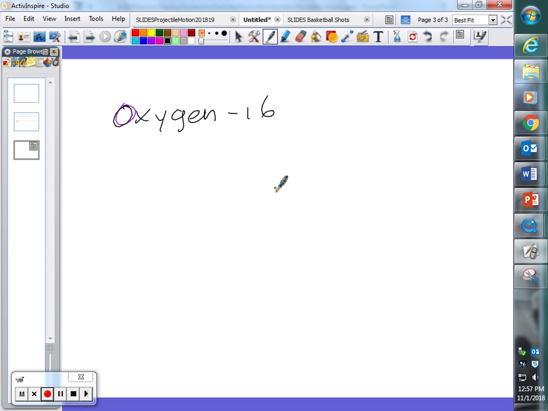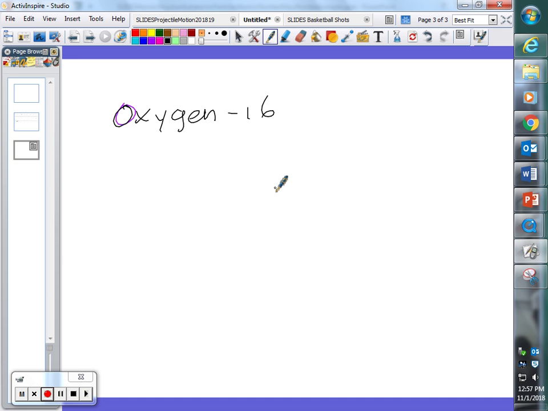What tells us the number of protons that an atom has? The atomic number. So, go to your periodic table. Find oxygen on your periodic table. If you find oxygen on your periodic table, you will see that its atomic number is 8.